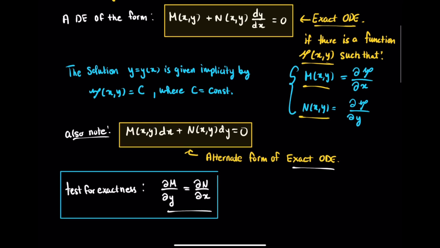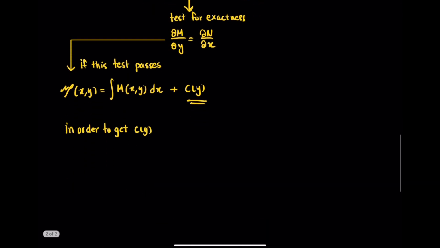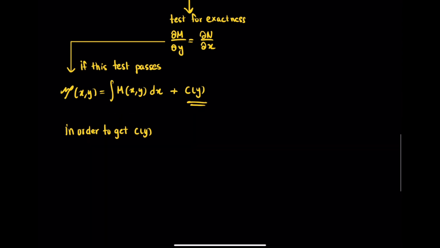So then we can compare N with what we have here. Well, we would have to take the derivative of this whole thing with respect to y. We would compare and cancel some terms out, and then we would get the value of c prime of y. Then we would take the integral of c prime of y, and that would give us c(y), and then we would substitute c(y) back into here.